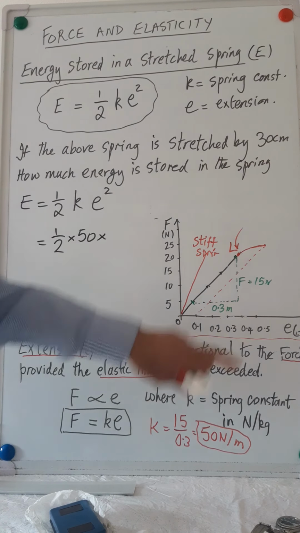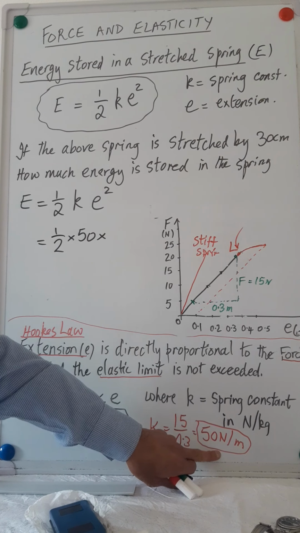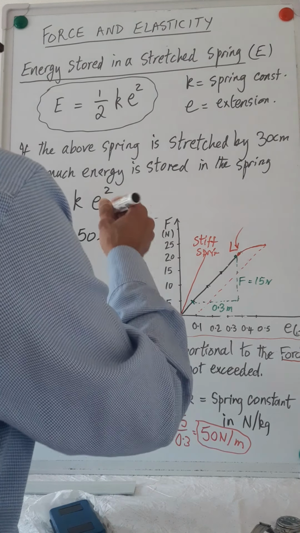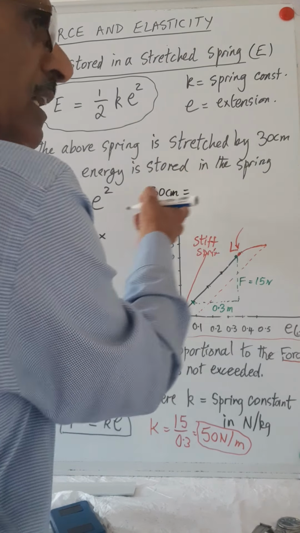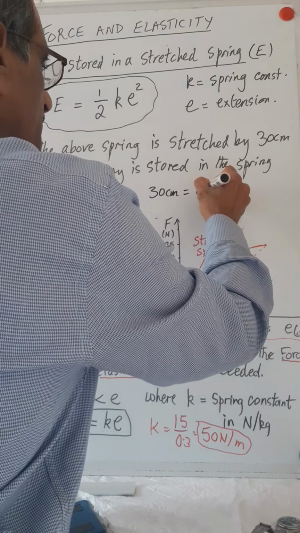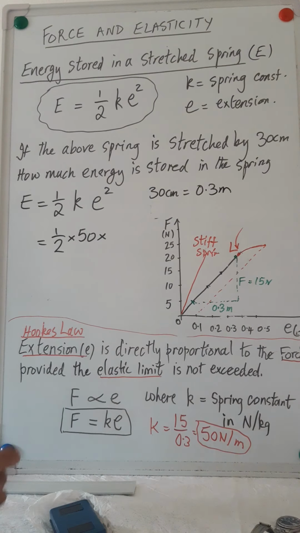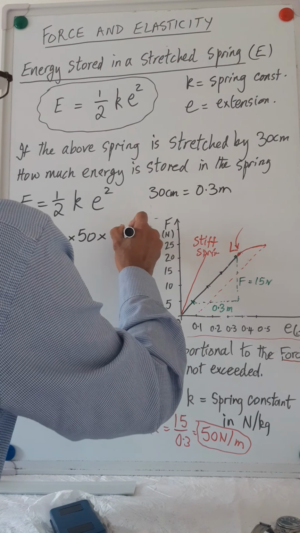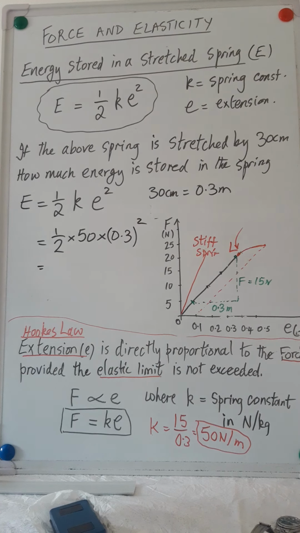Now remember, this constant is given in newtons per meter, so we need to convert the unit into meters. 30 centimeters divided by 100 gives you 0.3 meters. So we have to use 0.3 all squared. If you work that out, the energy comes to 2.25 joules.